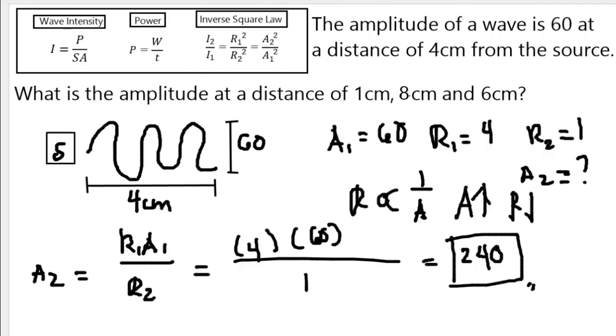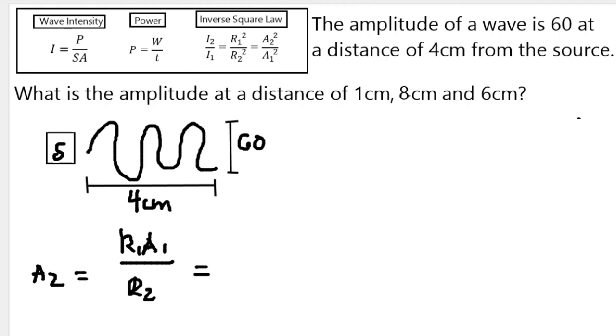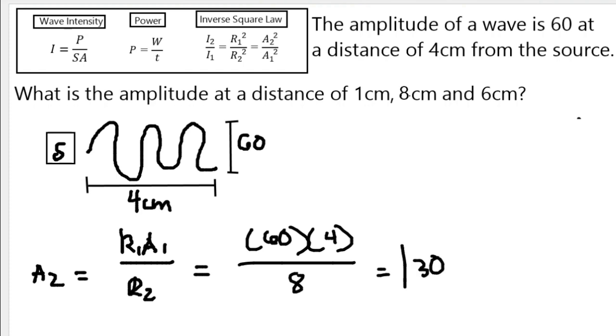Now let's calculate the amplitude when the distance is around 8 centimeters. The distance is still 4 for R sub 1, and we're going to change the R sub 2. If it is around 8 centimeters, the amplitude is going to decrease.